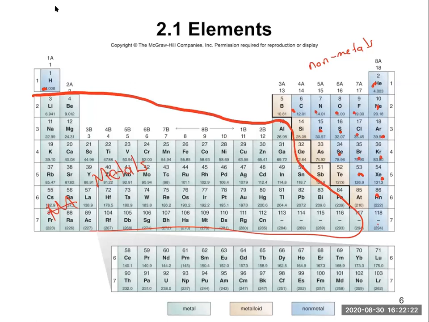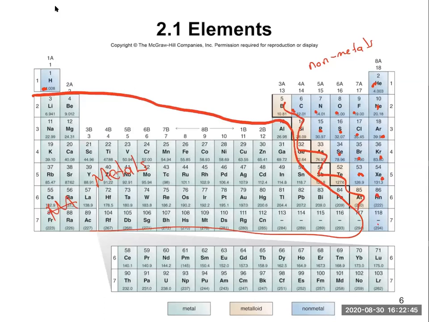The ones in orange here in the center, in a zigzag, are your metalloids. That means those elements behave like a metal but also like a non-metal, so it's kind of in between.